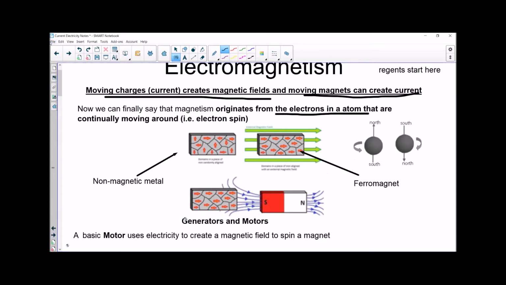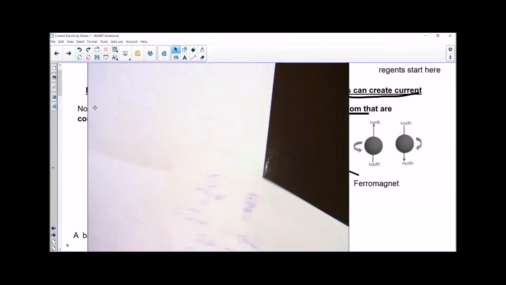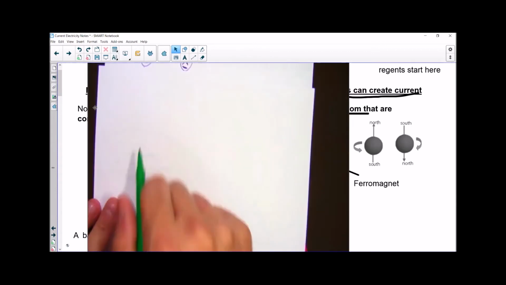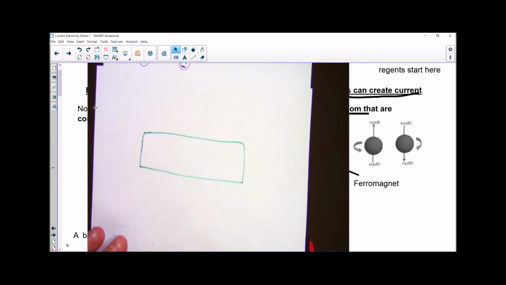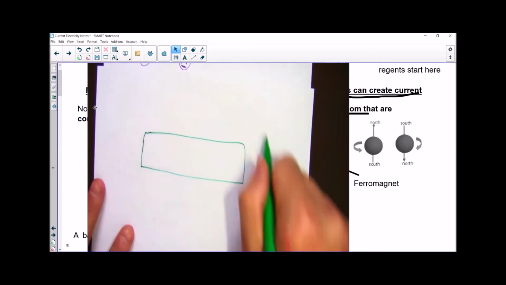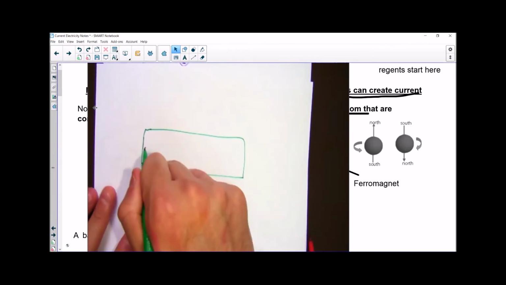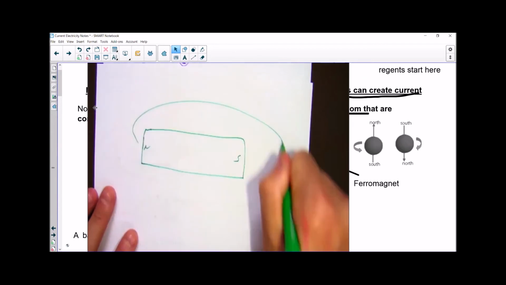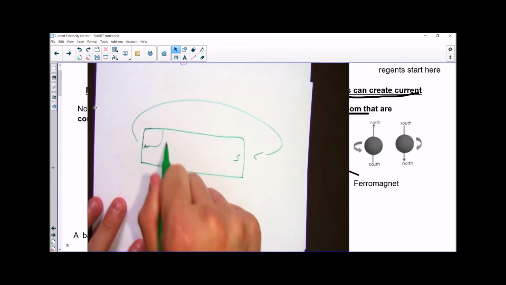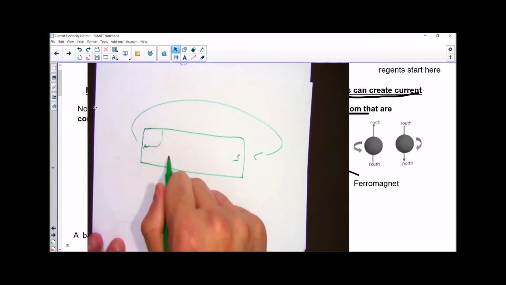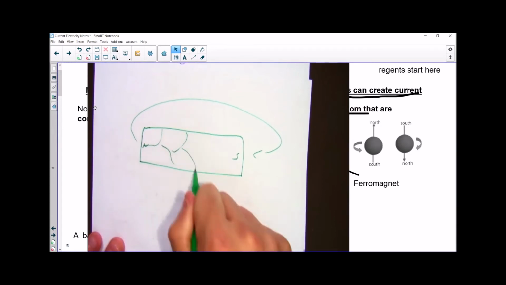I'm going to open up my document here again to show this. If I have a magnet, like a little bar magnet, we know that it creates this magnetic field, if I draw north, south, it looks like this. But if we were to zoom in, we would see that this magnet is made up of little tiny chunks, which are called domains.